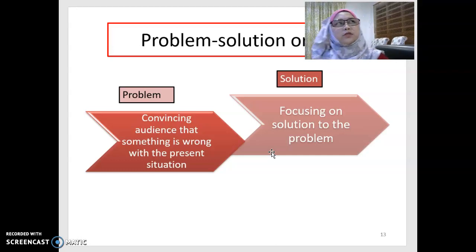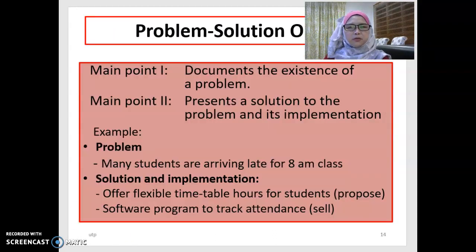You might also need to come up with some suggestions on what you're going to say to the management committee, so that it will be convincing. Okay, this is an example of a problem solution. You can read that on your own.